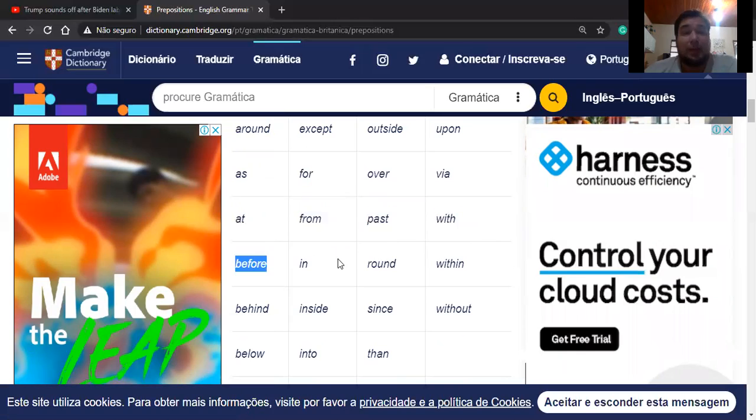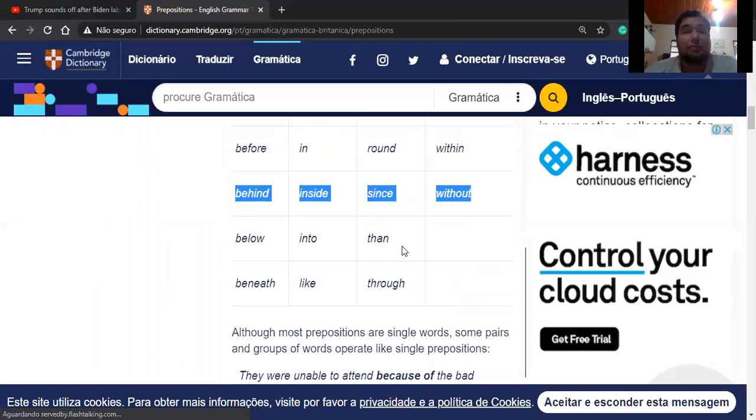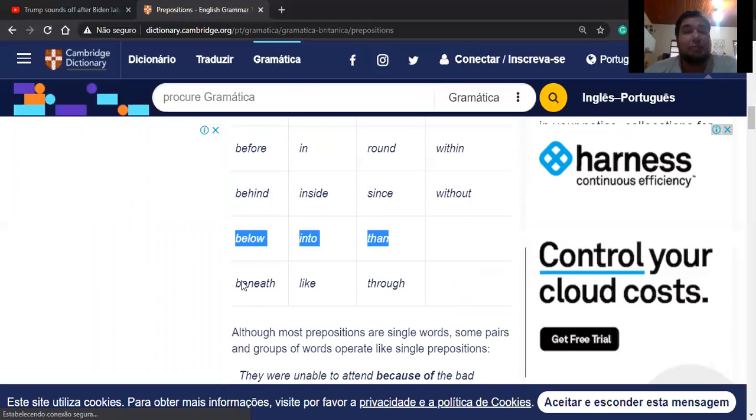Before, in, round, within. Behind, inside, since, without. Below, into, than. Beneath, like, through.